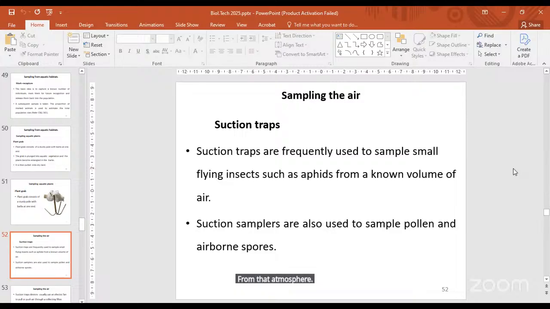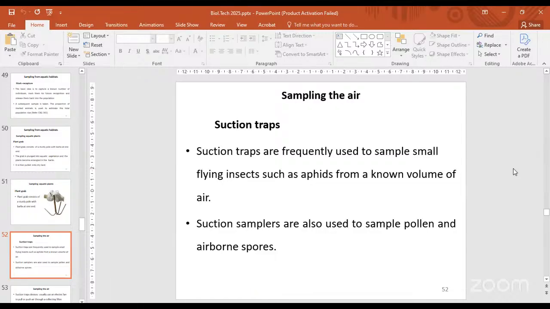And the air being drawn in can contain small flying insects. And then this is drawn in, and then they are trapped. So this is essentially a fan-like device that will draw in air, attached to one end, and the other end opens to the outside.